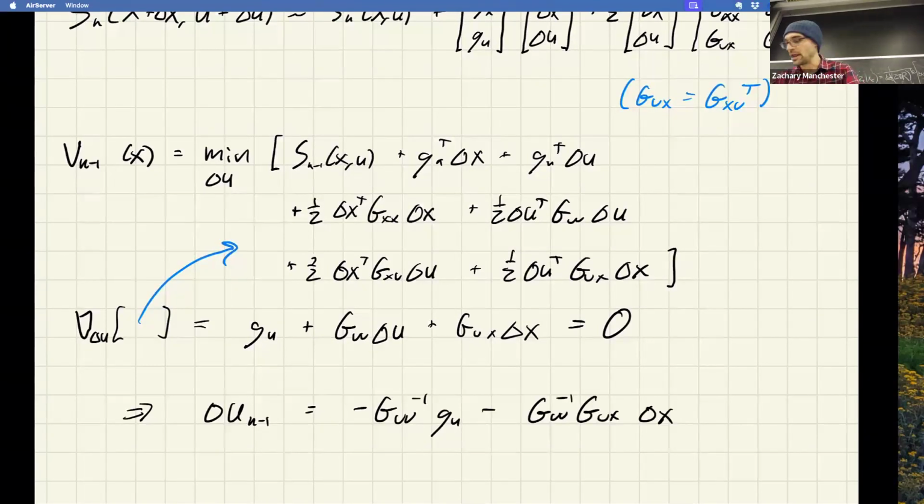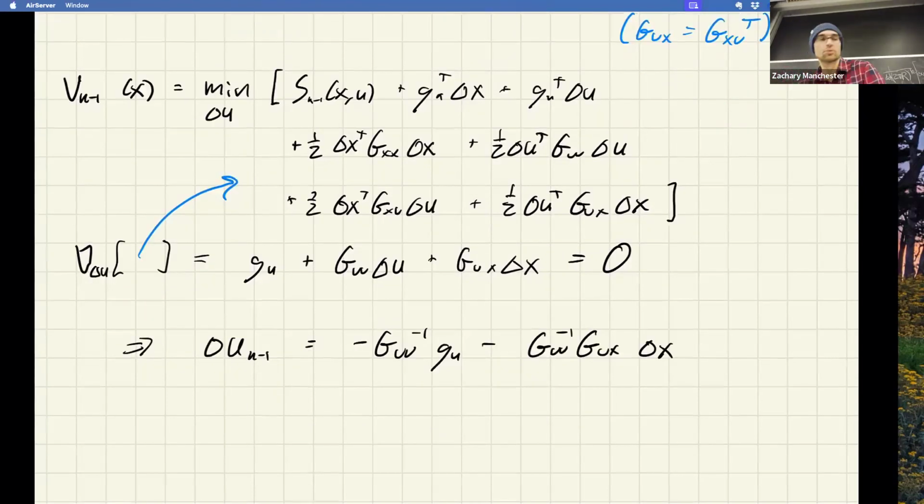Okay, so now what we're going to do is give these things names just like we've done in the past. So this is our delta u, and this term doesn't depend on delta x. This is a constant as far as we're concerned. It's just like a constant update. So this guy, we're going to call little d. So this is d at k minus 1. And then this thing is a feedback term, just like LQR.